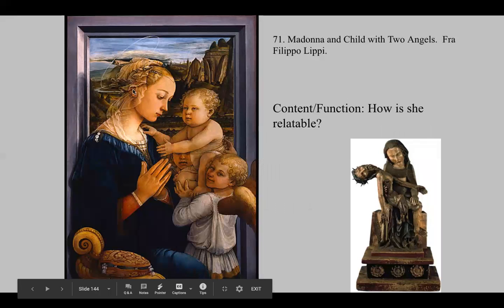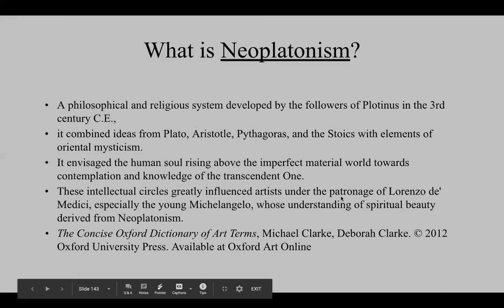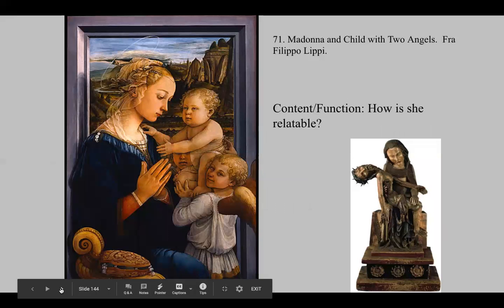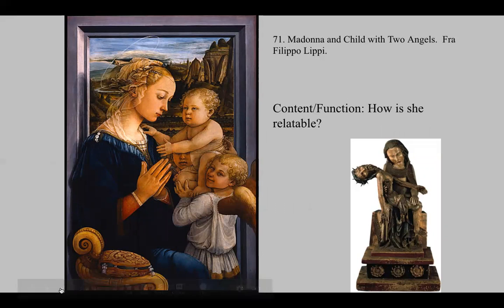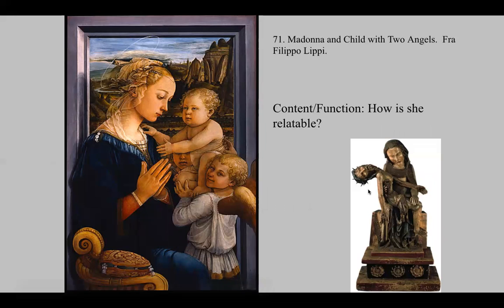So we have her seeming very beautiful to represent that spiritual beauty, that transcendence of the other world. If you compare her to the vestibule or the Röntgen Pietà, how are we supposed to relate?